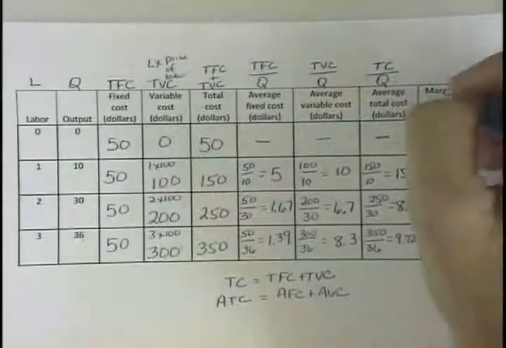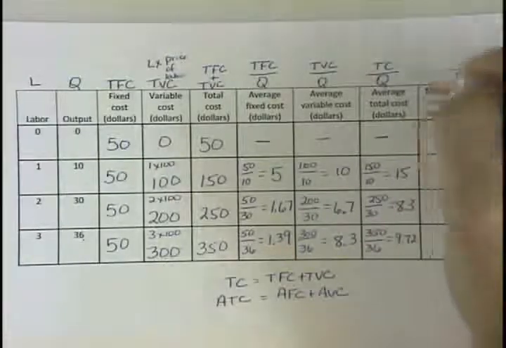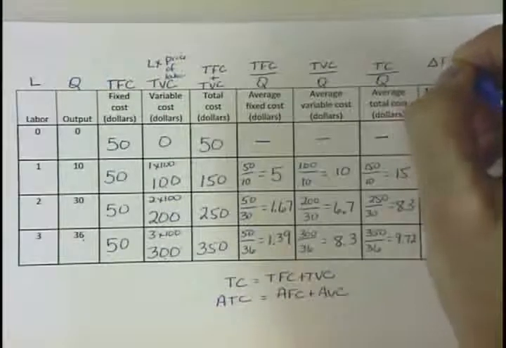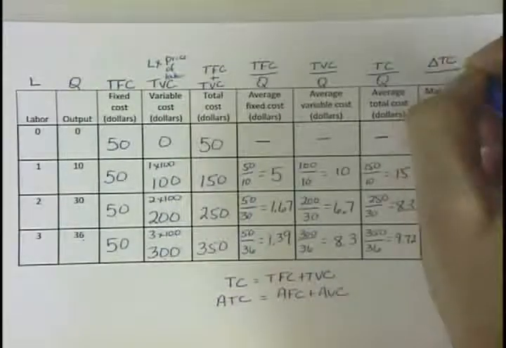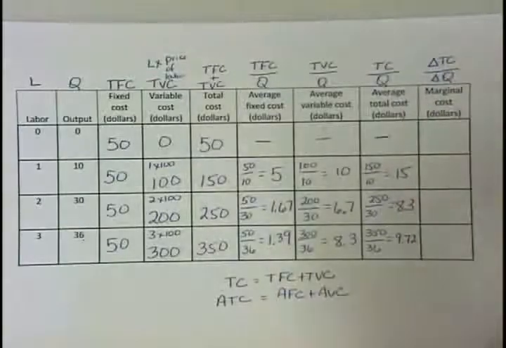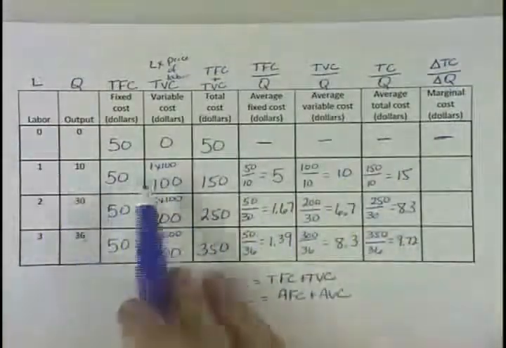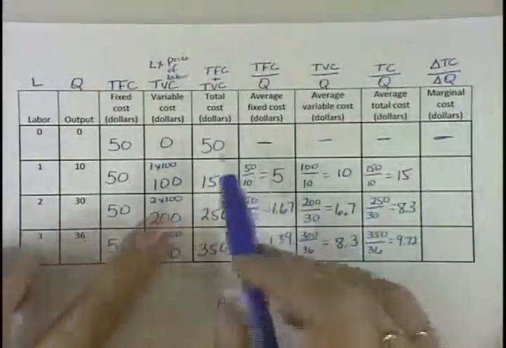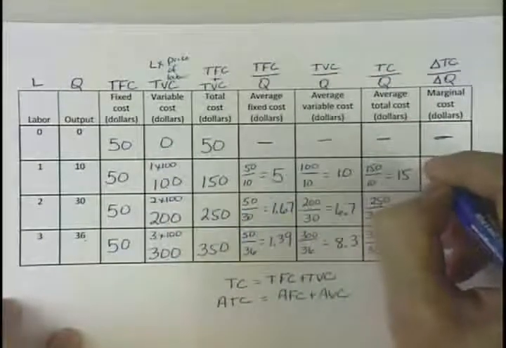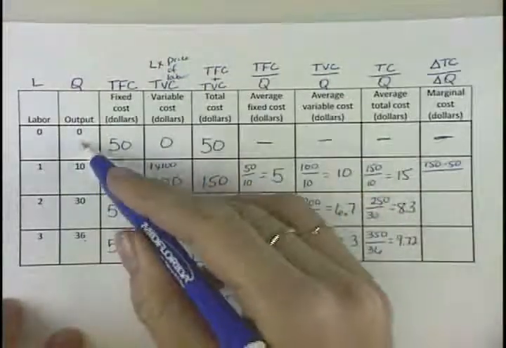Our marginal cost information here, remember, marginal is the change for that next unit. So it's our change in total cost, remember the delta means change, divided by our change in quantity. We can't do anything for the first row. For this one, our change in total cost, we're going from 50 to 150. So 150 minus 50 divided by 10 minus 0.